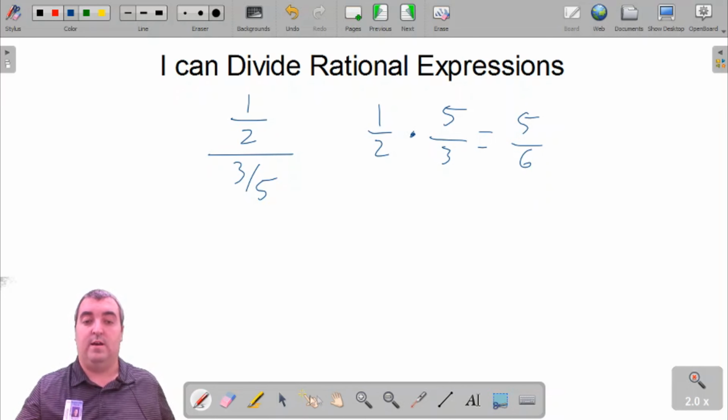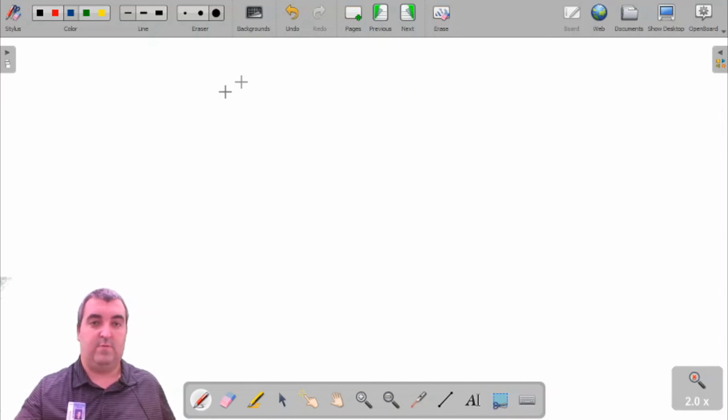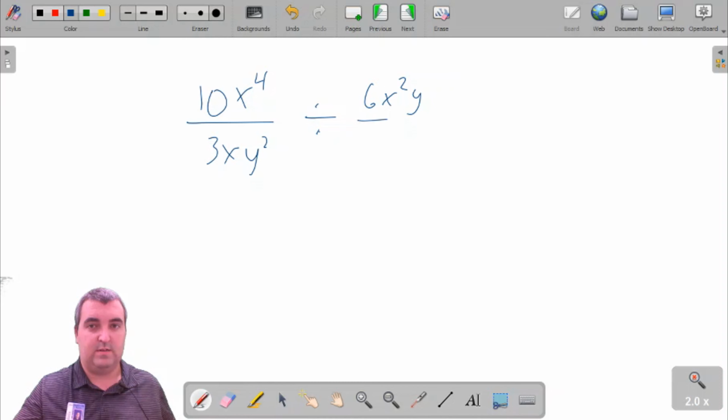Okay. Now, same idea, except we're going to have a rational expression. So let's say we have, I'm going to use the really ugly division sign, but it's fine, divided by 6x squared y over xy to the fourth.